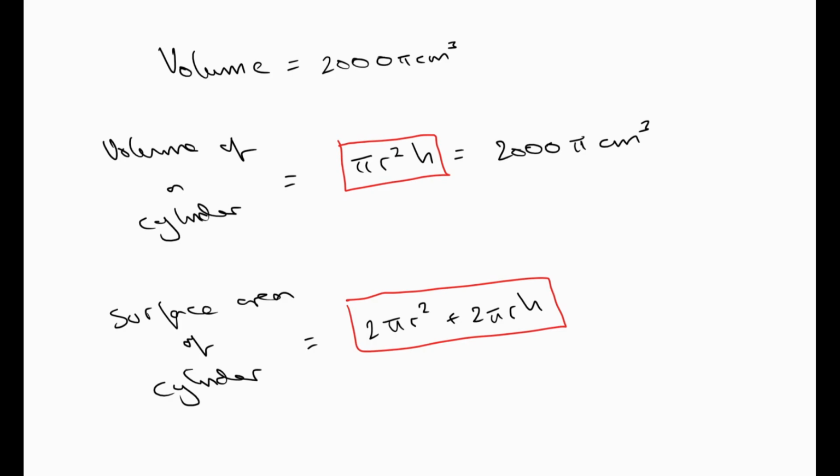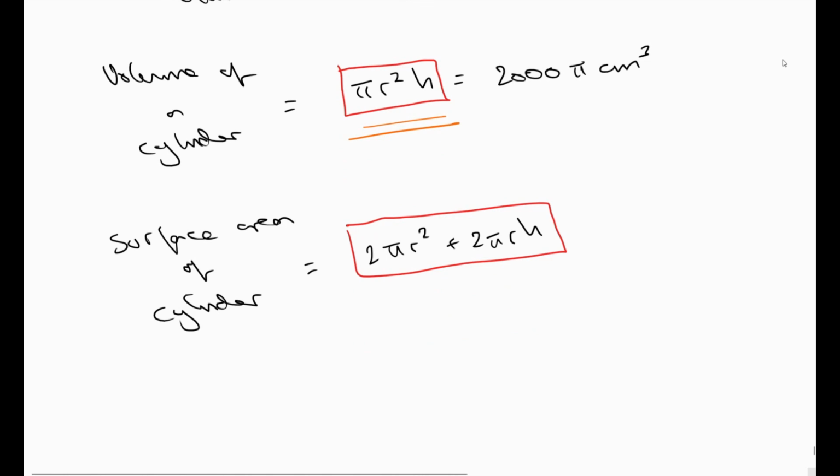Now we're going to make a rearrangement and then a substitution, because sheet metal, we're using that in terms of area, whereas our surface area of a cylinder is in area, but it has a height in it. You don't really have a height of sheet metal. So what we're going to do is rearrange our expression for the volume of a cylinder and basically eliminate h from both equations, just so that we've got our surface area varying only as r rather than as both r and h, which makes it a lot more difficult to solve.